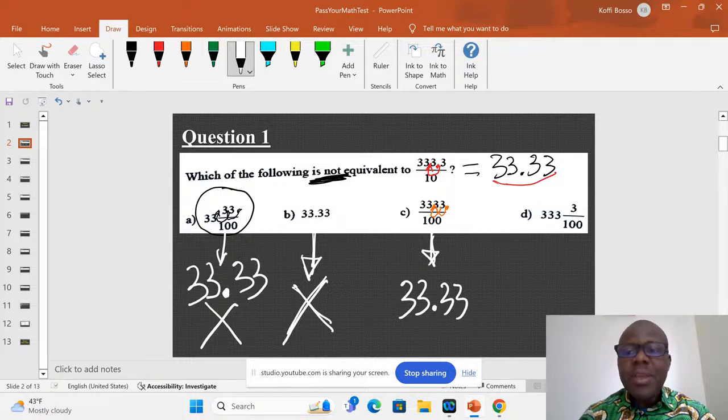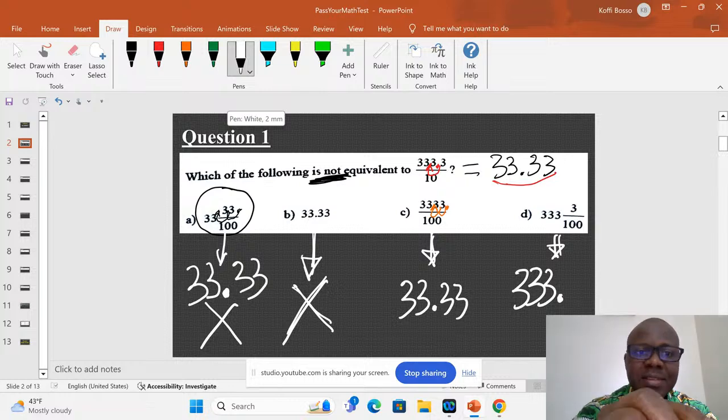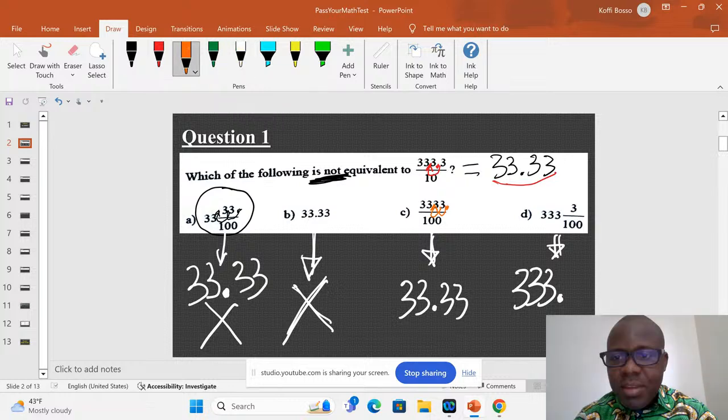So therefore here, only one is left. So the correct choice is this one. But let's check. Here they have 333 with a proper fraction. So you have this 333 as a decimal, you're going to have 333 point. Now when you have 3 divided by 100, again moving the decimal, which is here, two places, because you divide by 100, you have 1, you have 2.